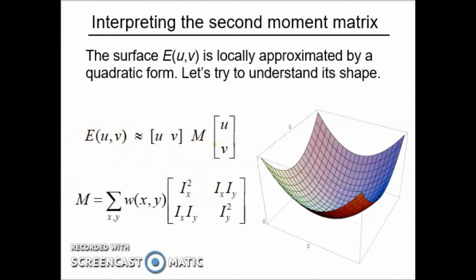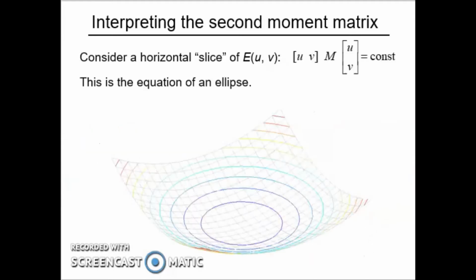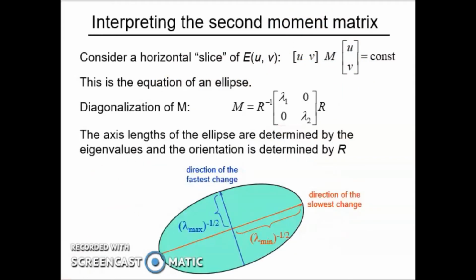So it can be approximated by a quadratic form, since if we just take one slice of this quadratic form, which means that this thing becomes a constant, then actually this becomes the equation of an ellipse.